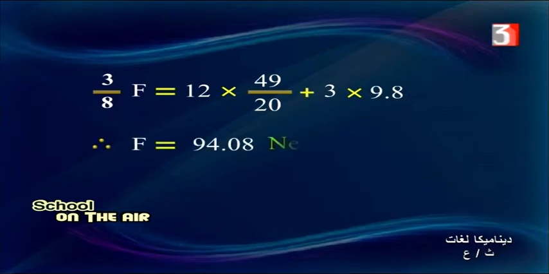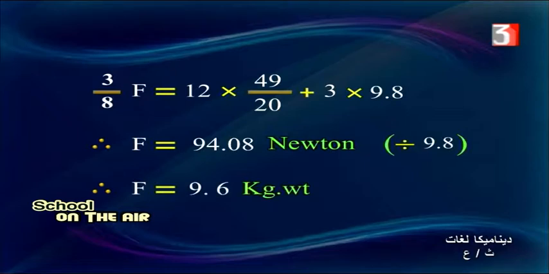The magnitude of the force equals 94.08 Newton, and we can divide the magnitude of the force by 9.8 to get the force in kilogram weight. Then the force equals 94.08 divided by 9.8 equals 9.6 kilogram weight.